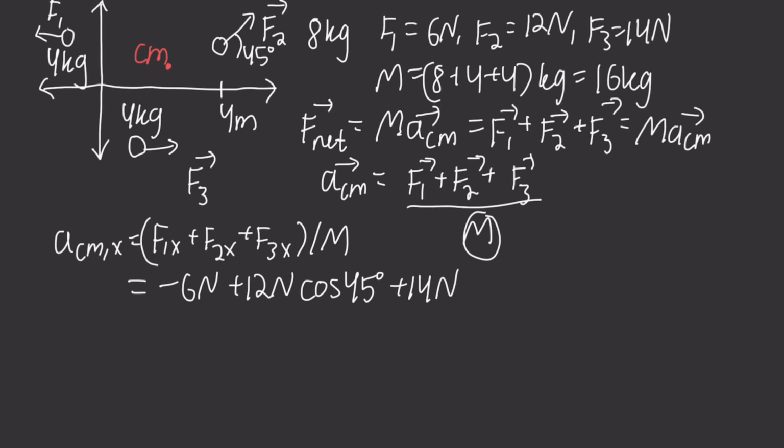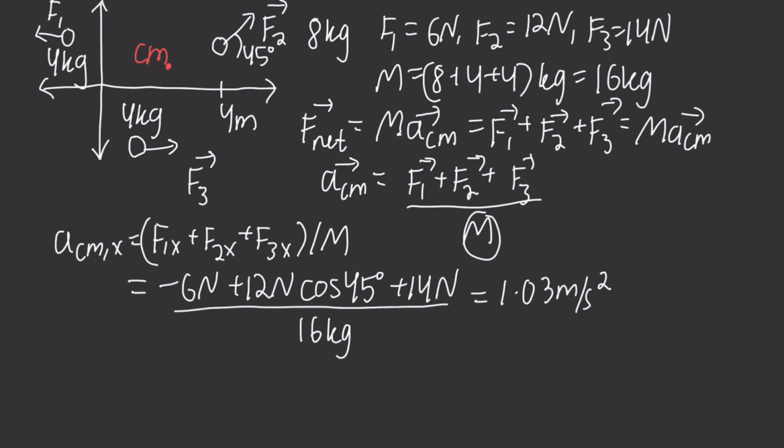And then we are going to divide everything by the total mass, which is 16 kilograms. And then that will give us, if we plug it into our calculator, 1.03 meters per second squared. So that is the acceleration in the x direction.